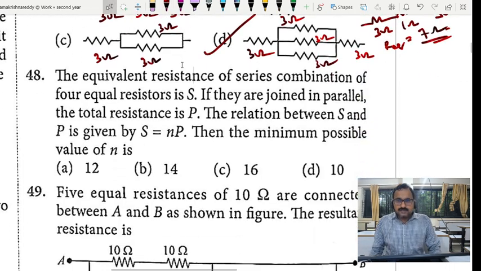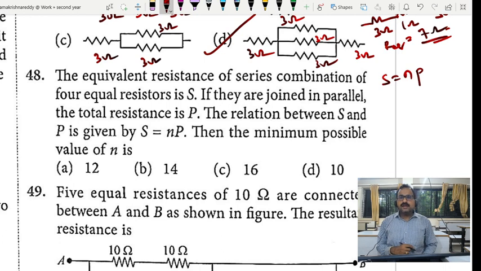Next, the equivalent resistance of series combination of 4 resistors is S. If they are joined in parallel, the total resistance is P. The relation between S and P they given as S is equal to nP. See that one, when n number of resistors are connected in series combination, parallel combination I discussed to you.